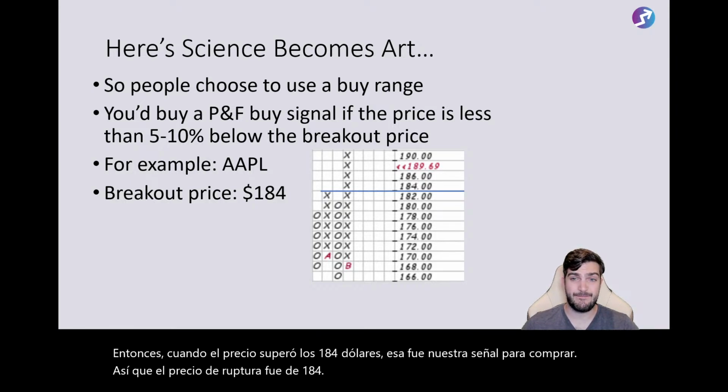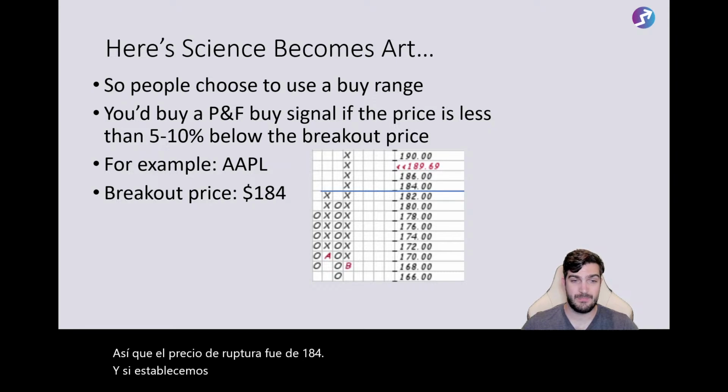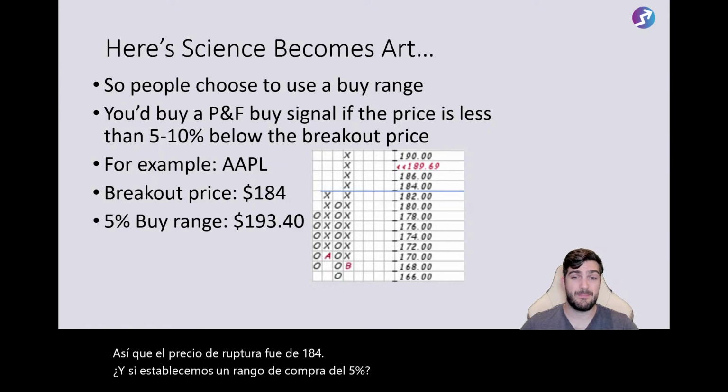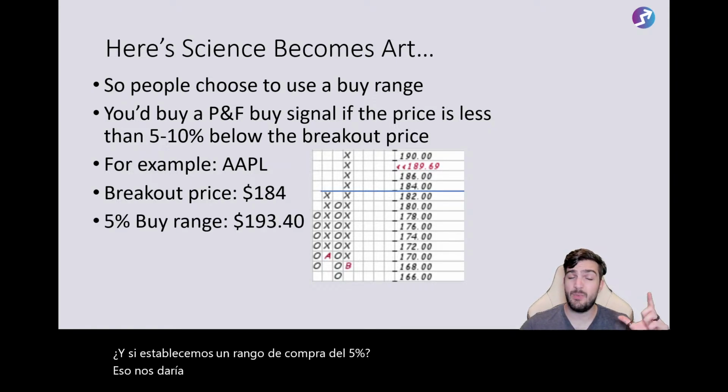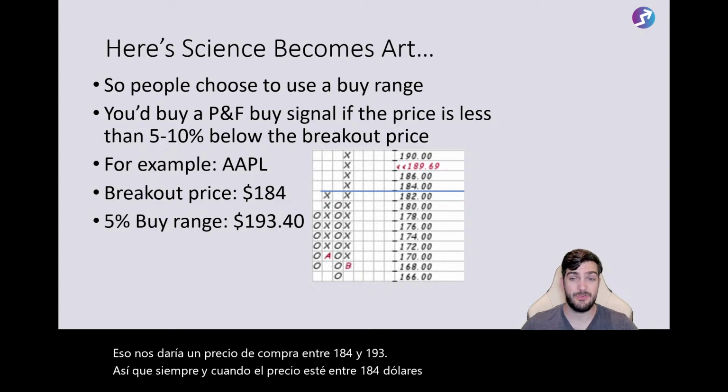And if we set a 5% buy range, that would give us a buy price between $184 and $193. So as long as the price is between $184 and $193.40, we would still say, that signal's worth it, let's buy.